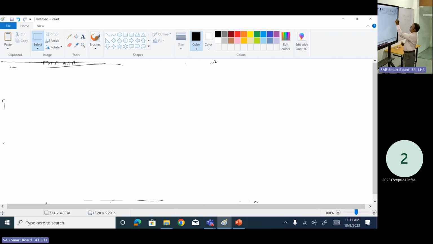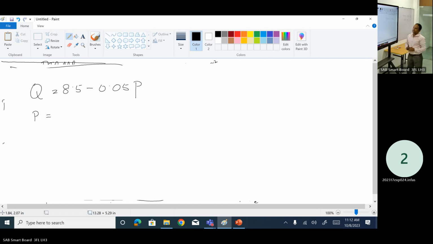So we have been given the output Q equals 8.5 minus 0.05 P. What is the inverse demand function, the price function?